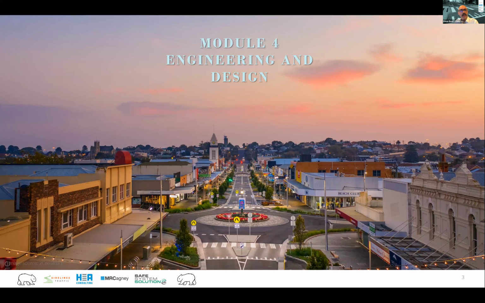But having a good knowledge of the principles is really important for that design decision making, and that should always be our objective as designers: to know where your standards and guidelines are, but know the principles so you can apply those principles at the particular locations. And sometimes you have to vary off the design standards and guidelines, but you make a justified decision to do that based on principles. And of course, you document it in design exception reports and the like. So understanding the fundamentals, the principles, is what I want to get across today.